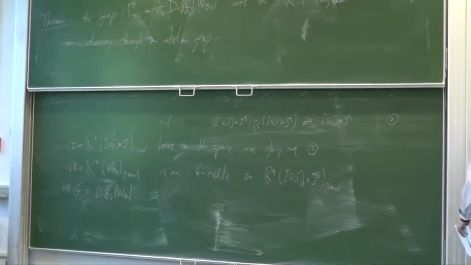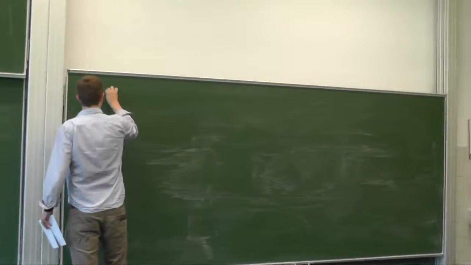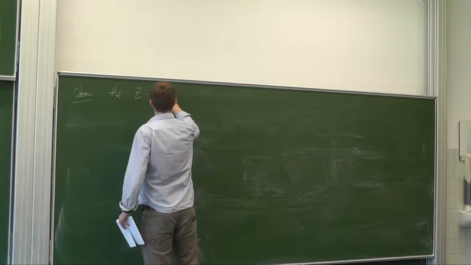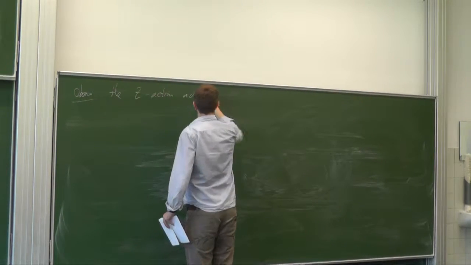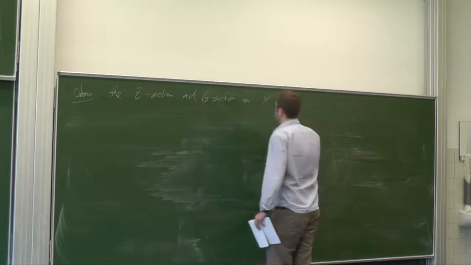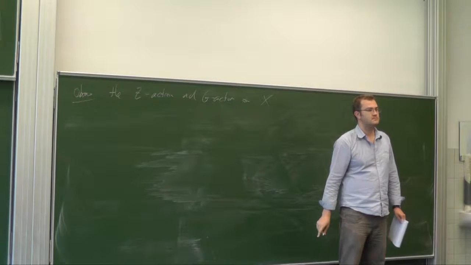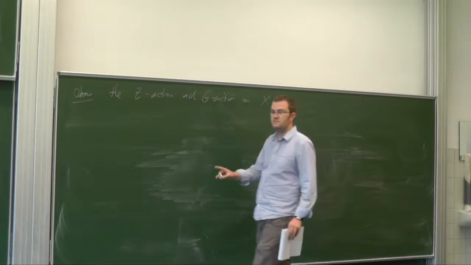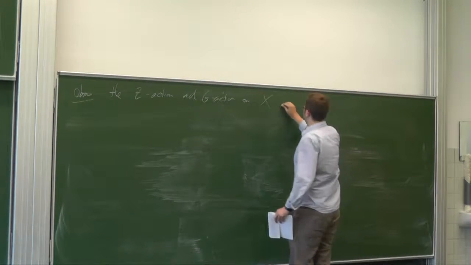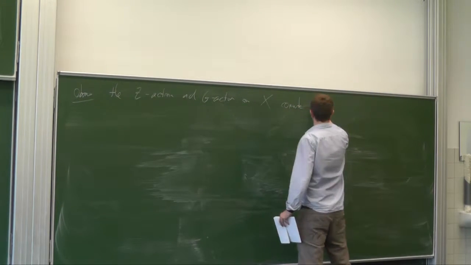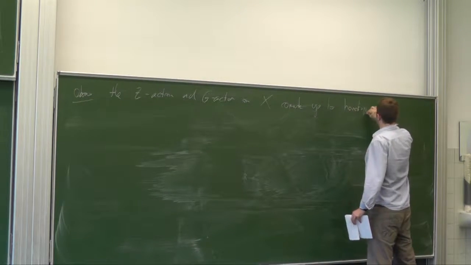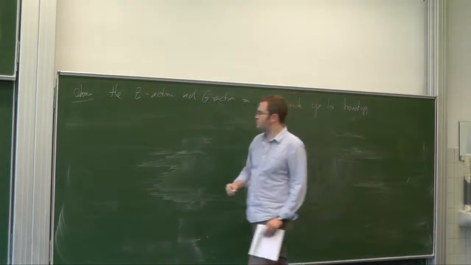And the first observation: the Z action and G action on X commute up to homotopy. Or distribute over each other, whatever you want to call it. Okay, so not on the nose, but up to homotopy. So why is that?